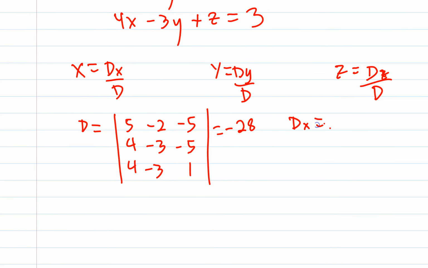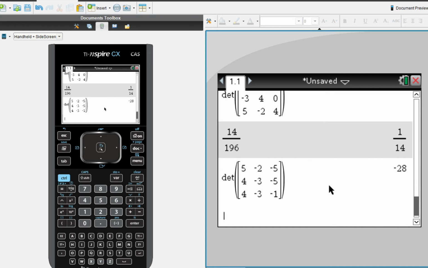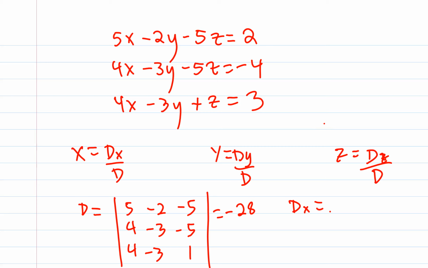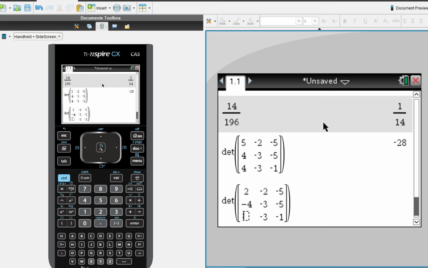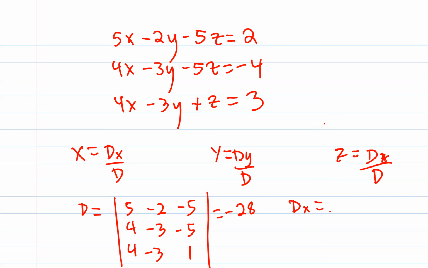Dx, I'm going to replace with a 2, a negative 4, and a 3. So this I'm going to replace with a 2, a negative 4, and a 3. There's dx.